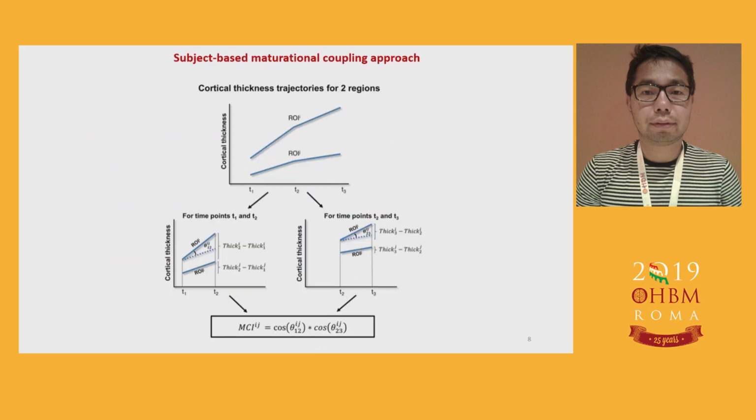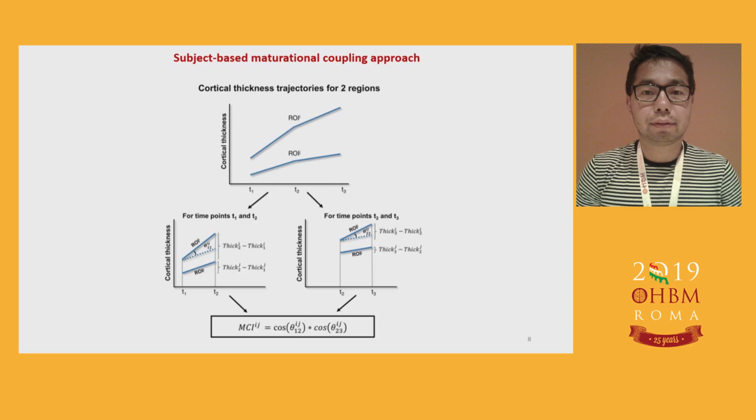What we have done is, and it's one of the approaches, you could come up with other approaches, we are trying to see how similar the trajectories are between any two ROIs using the 3 time points. So between time points T1 and T2, we look at the angle of separation, how small or how big the angle of separation is, and you do it similarly for time point 2 and 3, and possibly for 3, 4, or 4, 5.